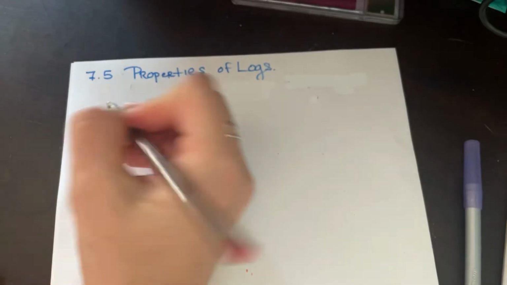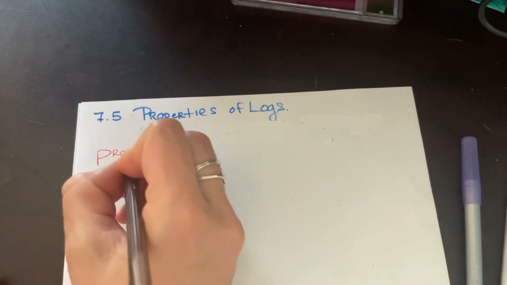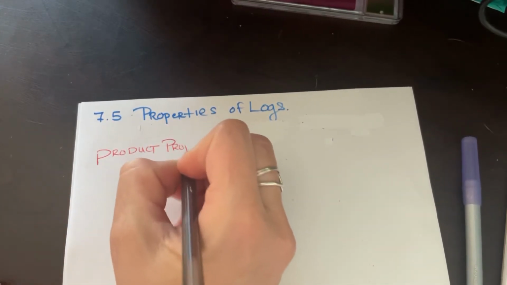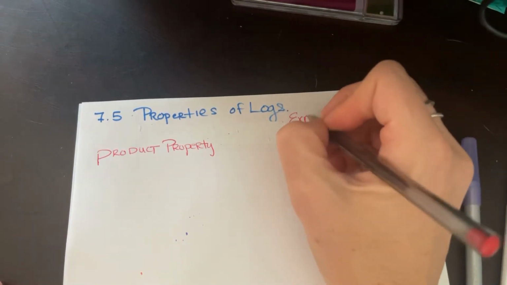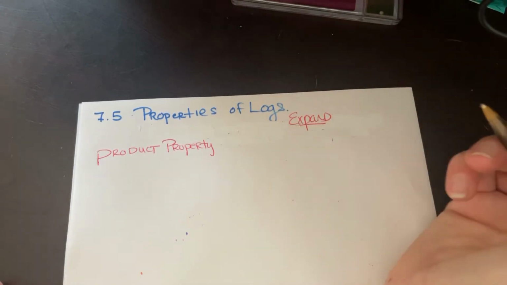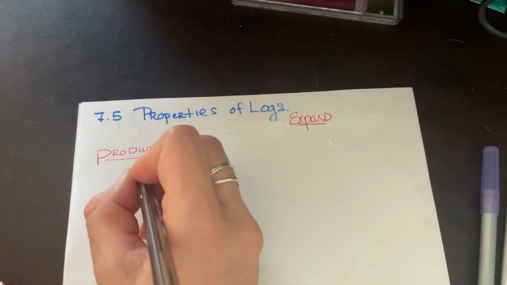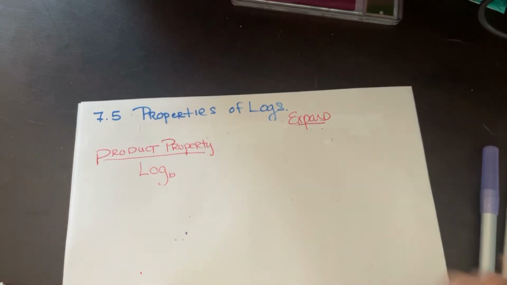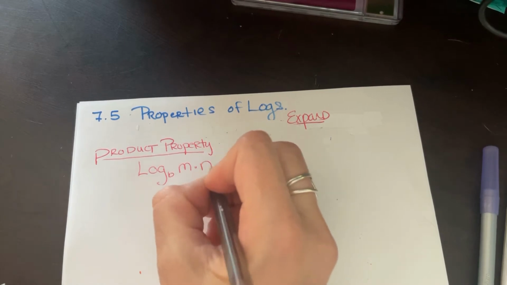The first property is called the product property. And what we're going to learn today is how to expand. Okay, so the product property, for example, you're going to be seen or given log, remember, some base, and then it's going to be m times n.